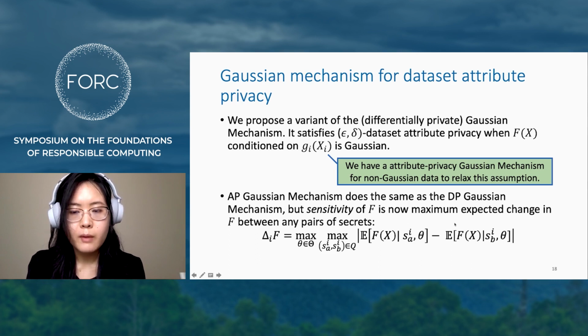And our attribute privacy sensitivity bounds the maximum change in posterior expected value of f of x in the worst case over all distributions and the pairs of secrets for each attribute. And in the case that f of x is independent of the protected attribute xi, then the sensitivity is just 0, and no additional noise is needed for privacy.